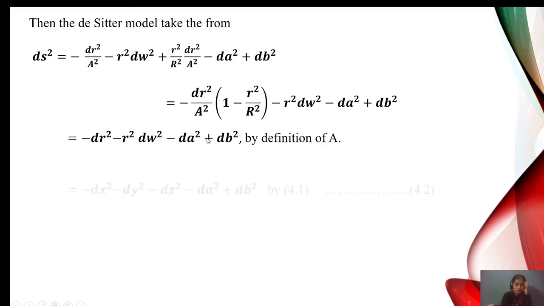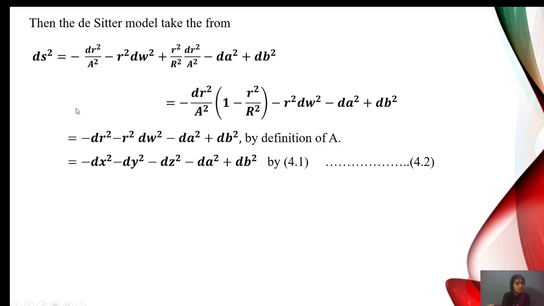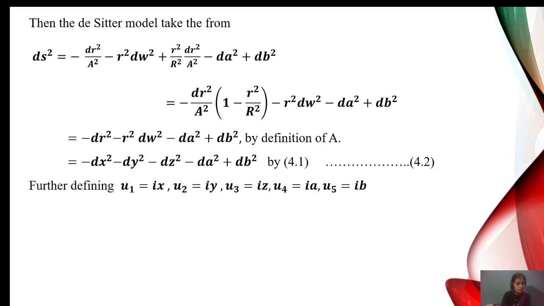Then minus dr square means minus dx square minus dy square minus dz square, and we get minus dA square plus dB square as a constant value. This equation is called 4.2.